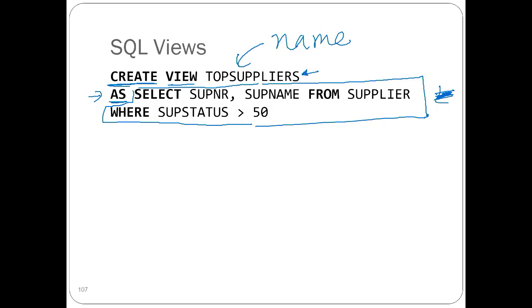Okay, so pay attention to this query, which is a simple select query that selects supplier number, supplier name from the supplier table where supplier status is greater than 50. Very simple query, right? Probably this is something we would do as the very third or fourth query using select statement. Just one table involved.